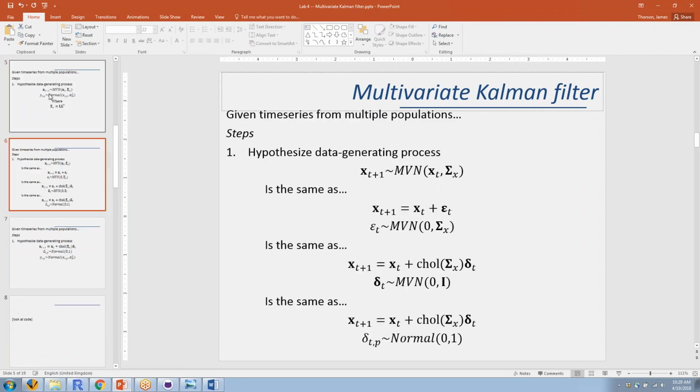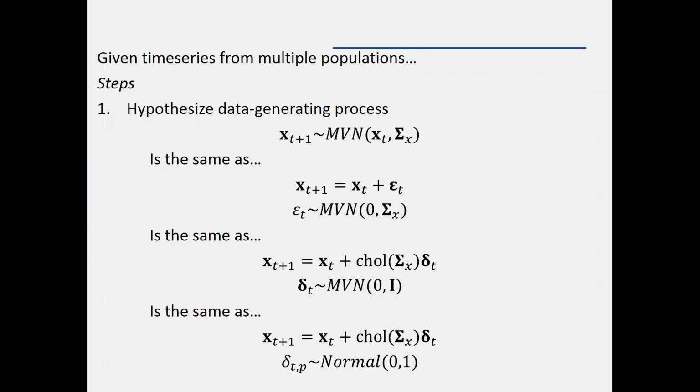The point is that we want to fit the model in the first line, but without having to evaluate a multivariate normal density function, because that has to invert the sigma sub x, and that's really costly.